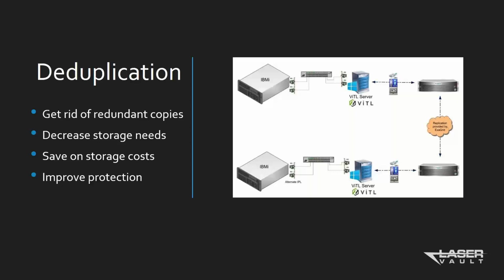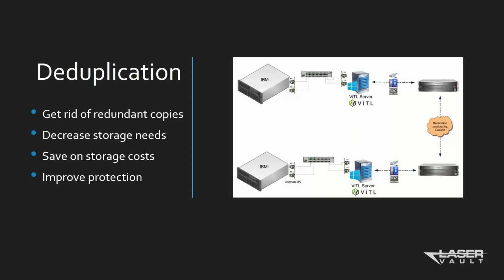So when data is chopped up into different blocks and compared, if the data in that block is not new or changed, it doesn't need to be saved. So this can greatly decrease your storage costs, your storage needs. It improves your data protection and also reduces the amount of time to replicate your data because you're replicating only new and changed blocks of data each time you perform a replication.